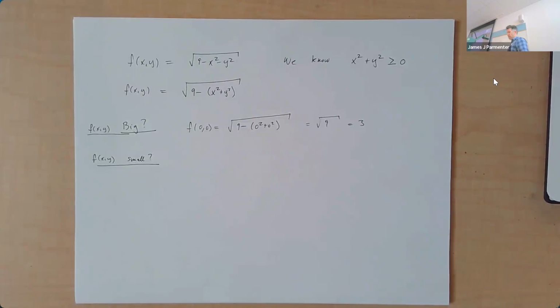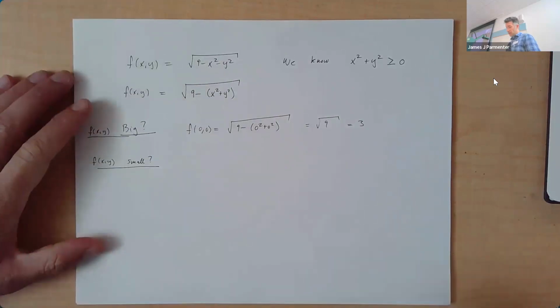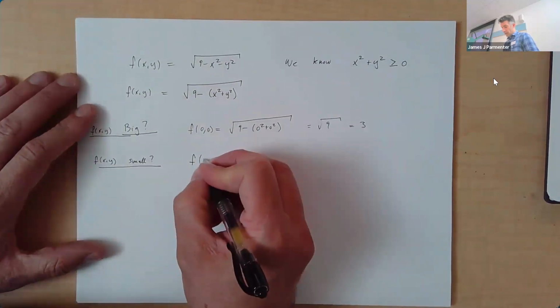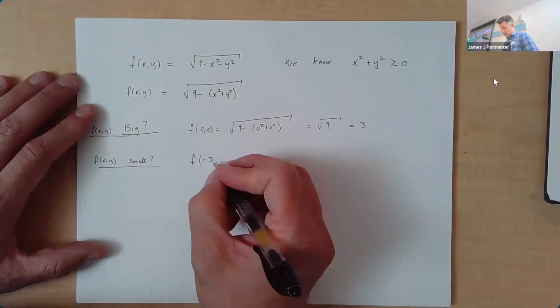I think we can. If we pick smartly, we can pick an x and a y value that will give us a 0 function value. Anyone want to venture a guess? There are multiple right answers. I could pick, say, -3 for x and 0 for y.